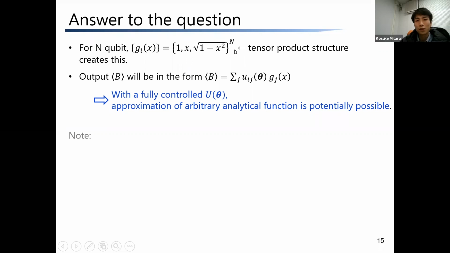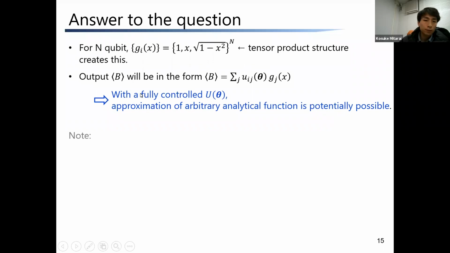This set of functions is created by the tensor product structure of the quantum states. And the output, the expectation value of B, will be in the form of a sum of these, same as in the previous slide, but this has terms like x, x squared, x cubed, all the way up to x to the n.